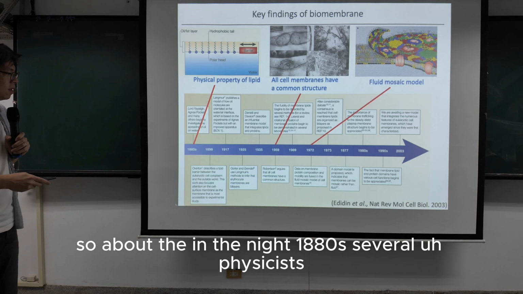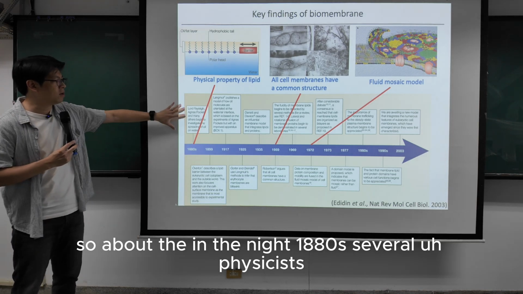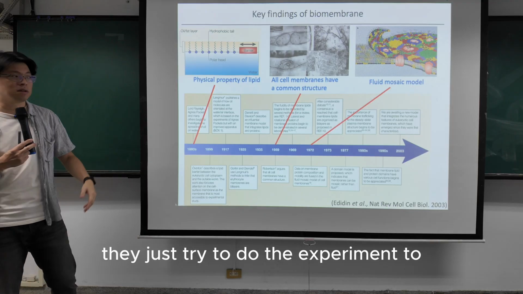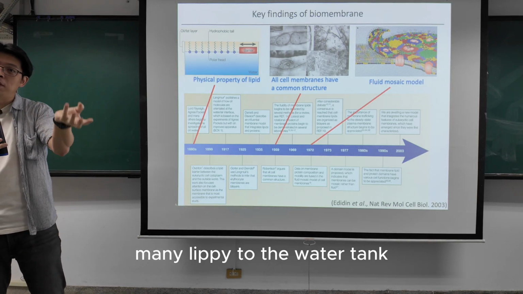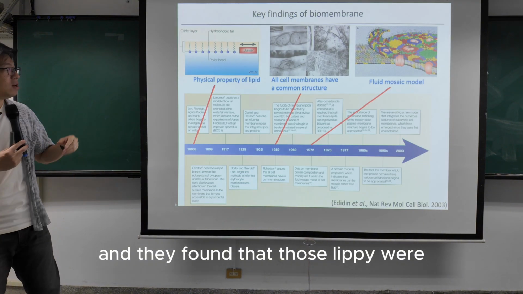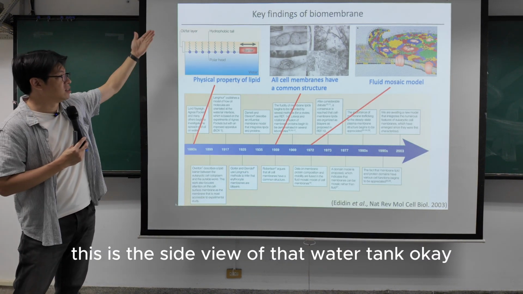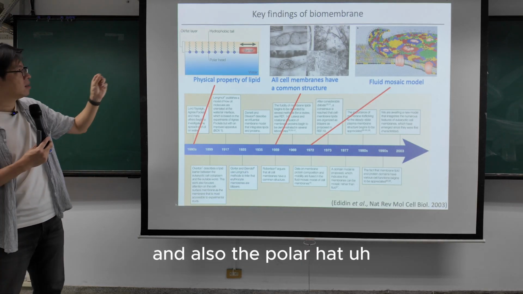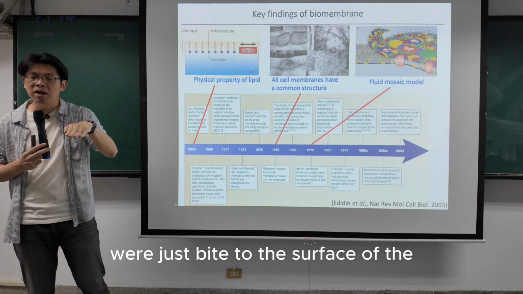Okay, so in about the 1880s, several physicists tried to do experiments to characterize the properties of the lipid. They put many lipids into a water tank, and they found that those lipids stayed on the surface of the water like this. This is the side view of that water tank. Okay, and the polar head of the lipid will just bind to the surface of the water.